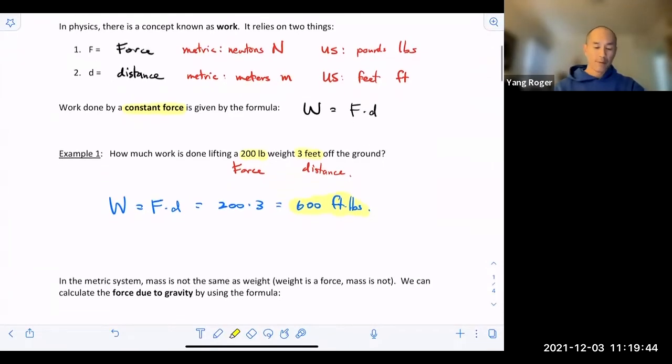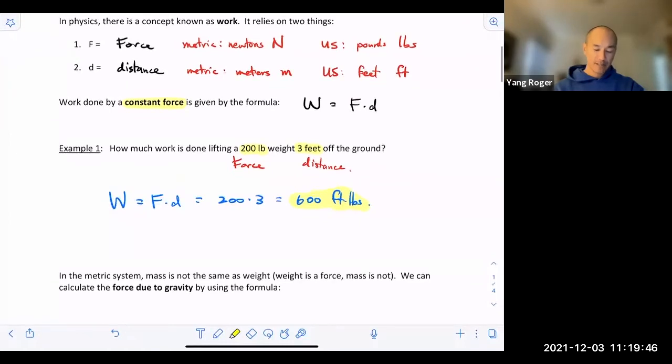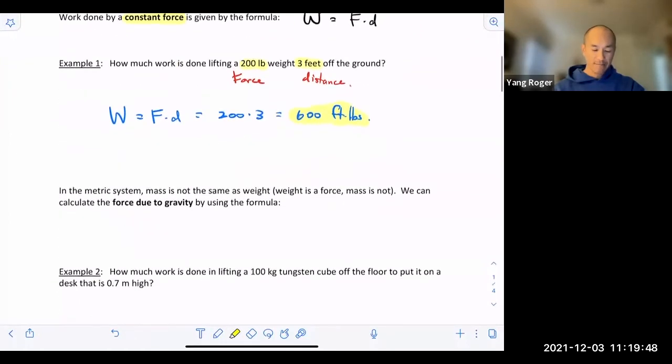So I want to talk about something else for a moment, a slight detour, I guess. If you're used to the metric system, they use a word called mass instead of weight. And I wanted to explain the difference between mass and weight. So what is this difference?